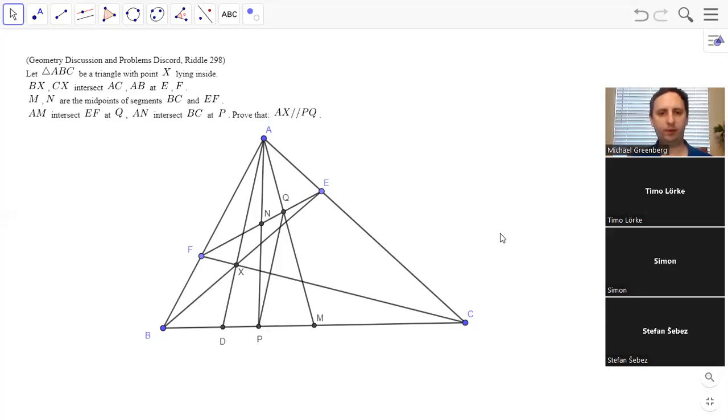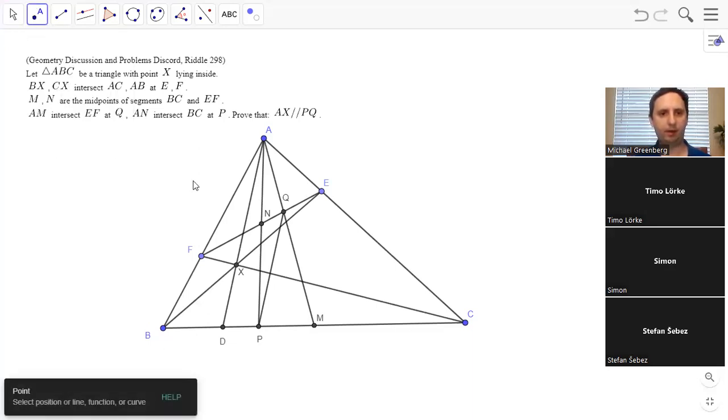So yeah, it's a very symmetric problem. AM intersects EF at Q, AN intersects BC at P. Yeah, I wanted to use projective geometry.